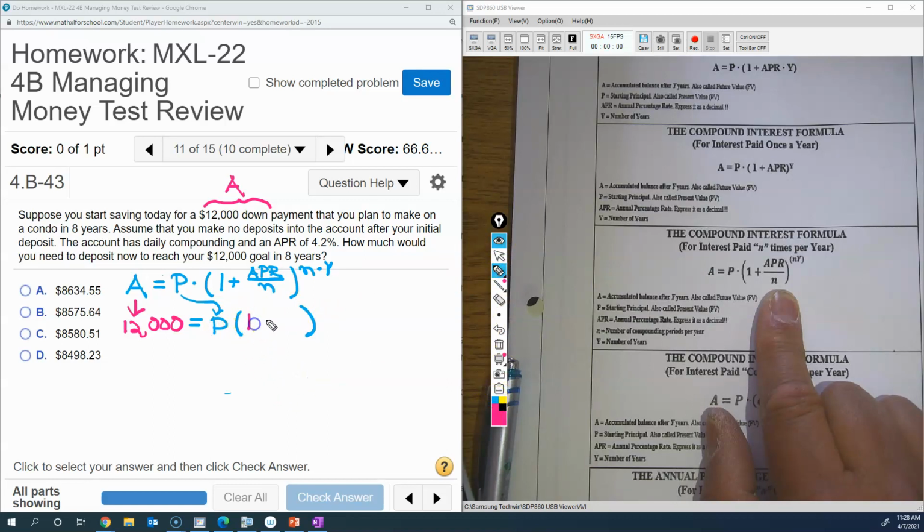So 1 plus 0.042 compounded daily. So N is 365. And you're going to do it for 8 years. So 365 times 8.